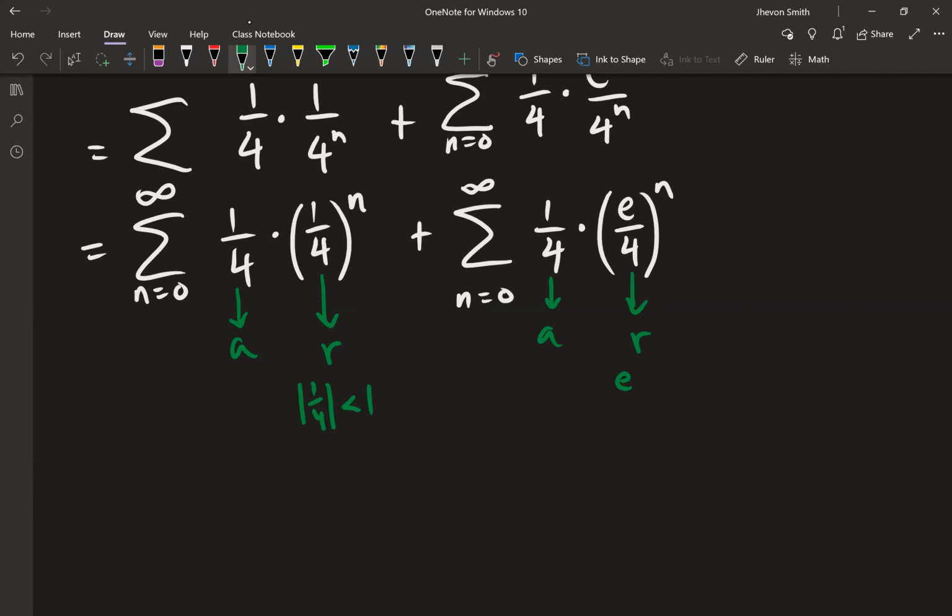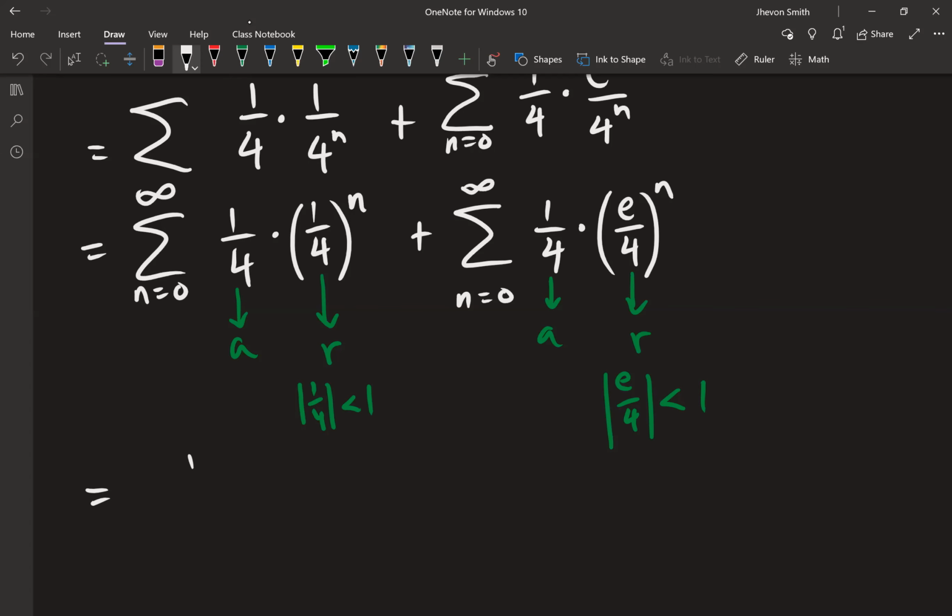If I take e divided by 4 and put it in absolute values, is that less than 1? Remember, e is 2.7183, so e is less than 2.8. So this is like 2.8 divided by 4. Yeah, that's less than 1. So both converge. In fact, both converge absolutely.